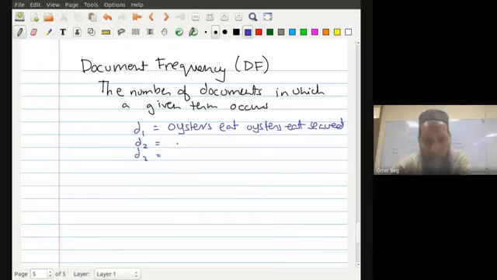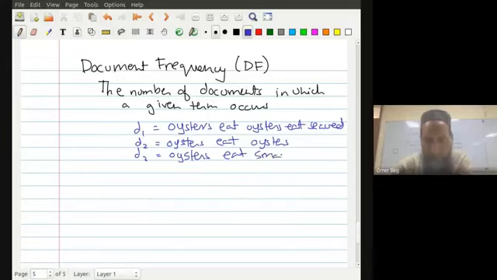Then the other document has oysters eat oysters, and the last document has oysters eat small fish. So let's say there are 3 documents in our document collection.